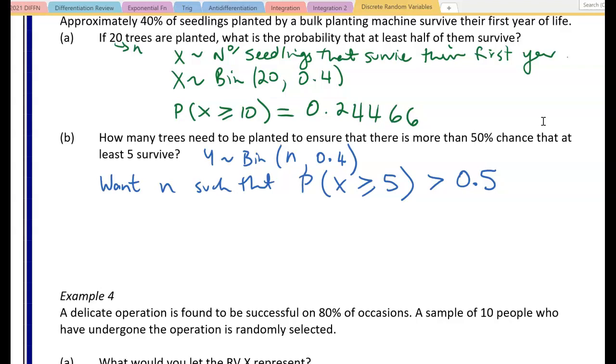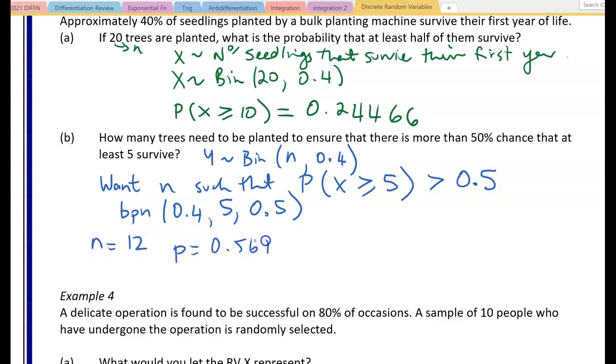If you're ever unsure what those numbers should be, just press the help button and it'll remind you. If you're doing this properly, it should be the 0.4, then the 5, and then the 0.5. If you call this up, you should get at 12, 0.561 something, and at 11, the probability is 0.467.